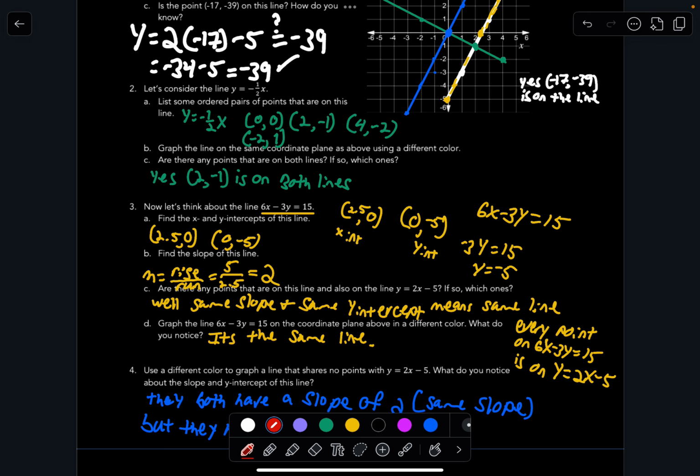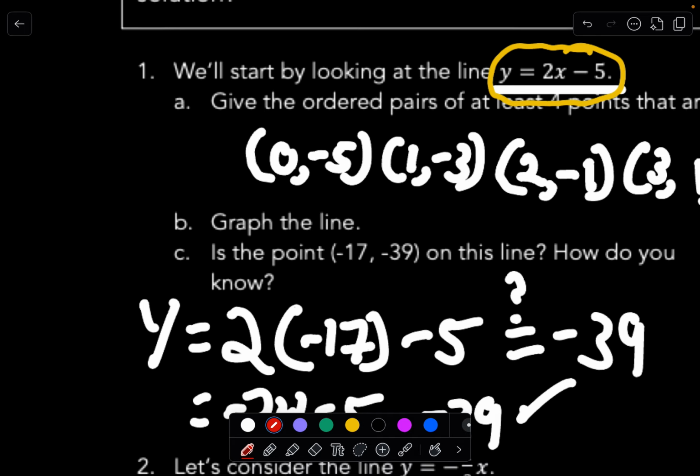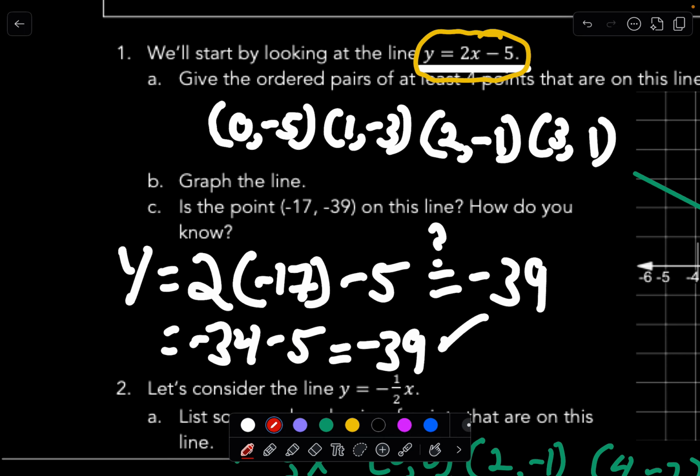Okay, so let's go back and start filling in a few things. Going back here. Every point on the line is a solution to the equation.